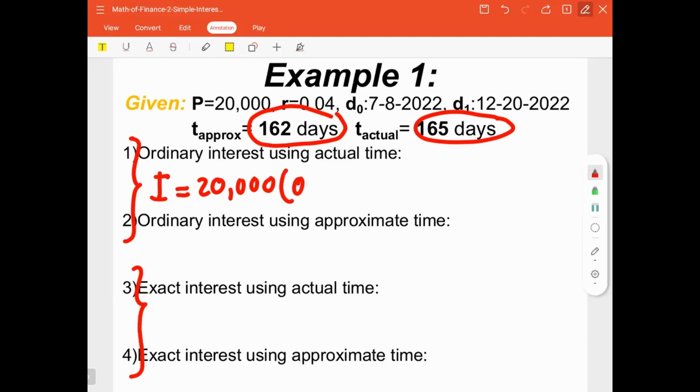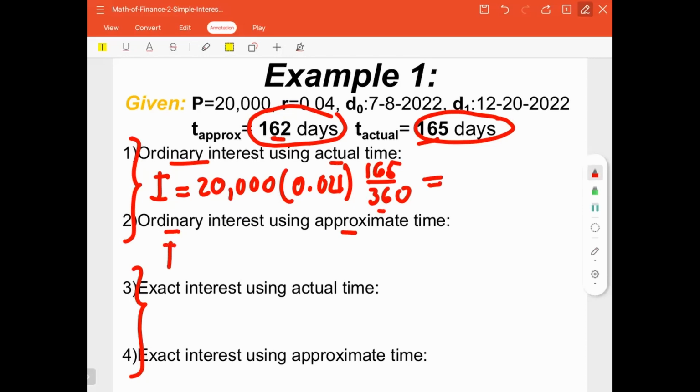The rate of interest is 0.04. And the time T now is what? Take note, this is ordinary interest using actual time, so we'll use this actual time: 165 over 360. We'll simplify this later. For the ordinary interest using approximate time, it's the same. The divisor will be 360 also.